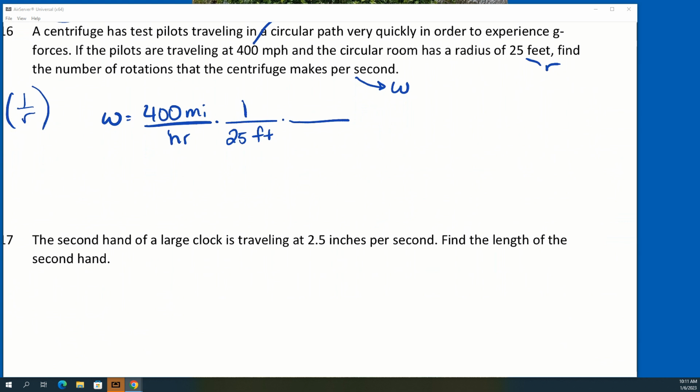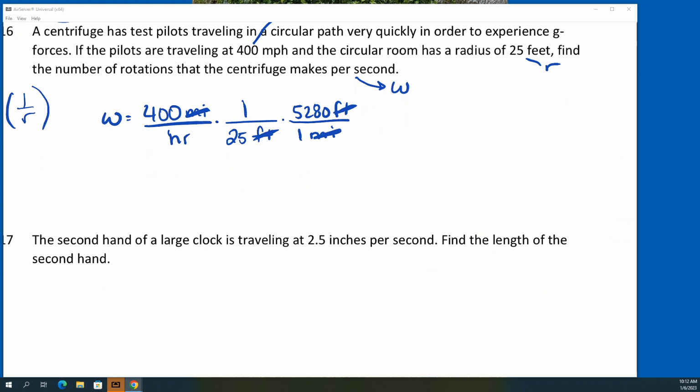All right, so I'm going to go ahead and just get rid of these linear units that I don't need. So because mile was on the top, I'm going to put it on the bottom. And feet are on the bottom, so I'm going to put it on the top. And that takes care of those.